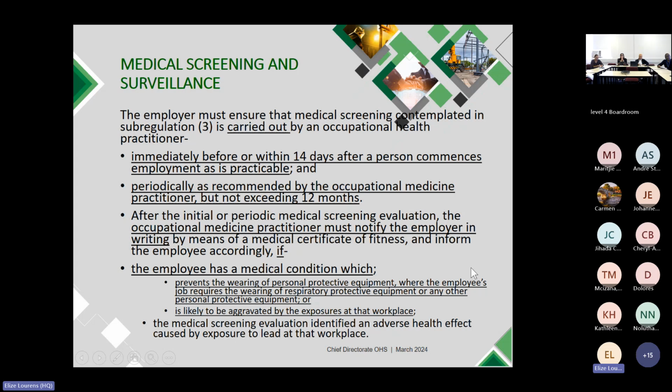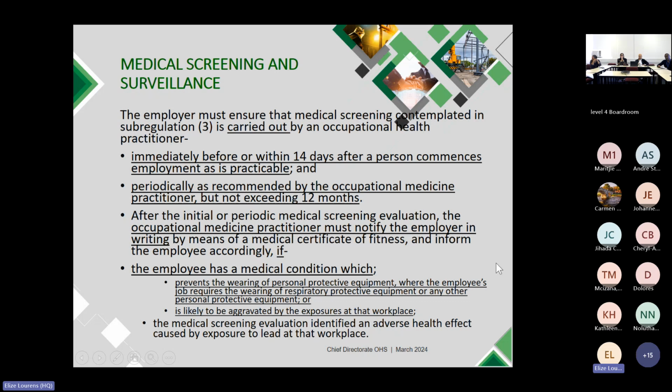The occupational medicine practitioner must notify the employer in writing if an employee has a medical condition which prevents the wearing of personal protective equipment, where the employee's job requires the wearing of respiratory protective equipment or any other personal protective equipment, or is likely to be aggravated by exposure at that workplace.